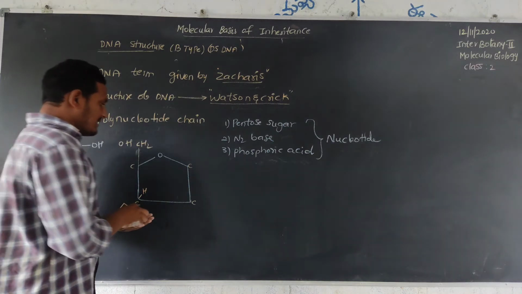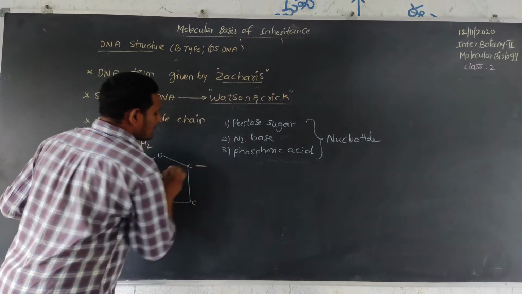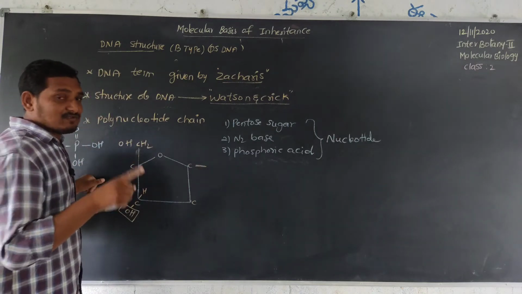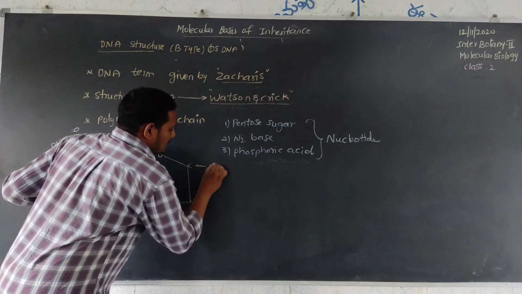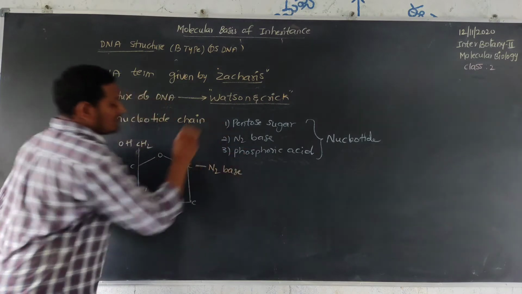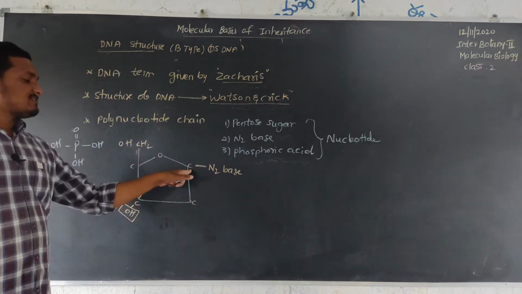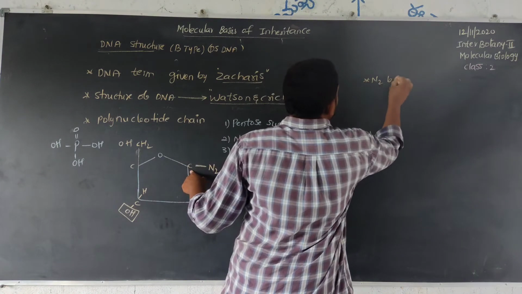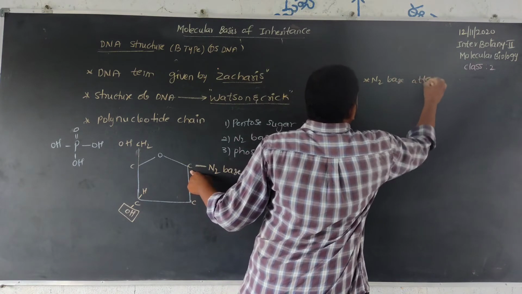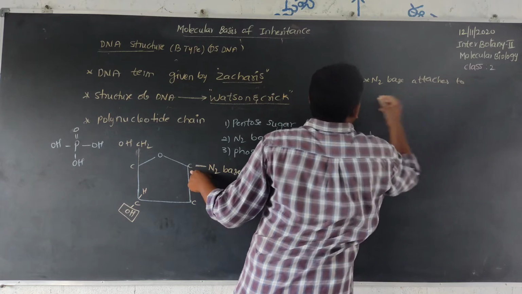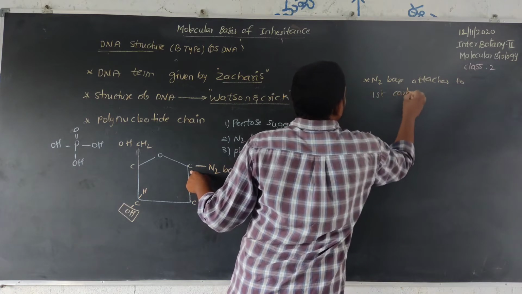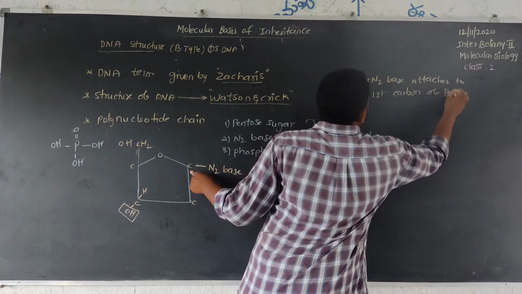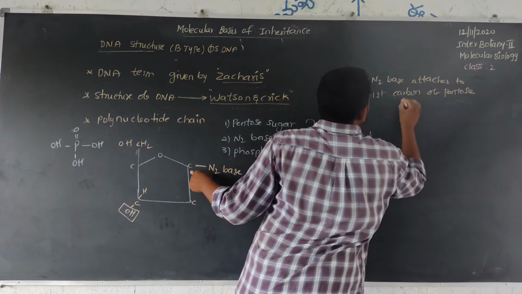The nitrogen base is attached to the first carbon of the pentose sugar.